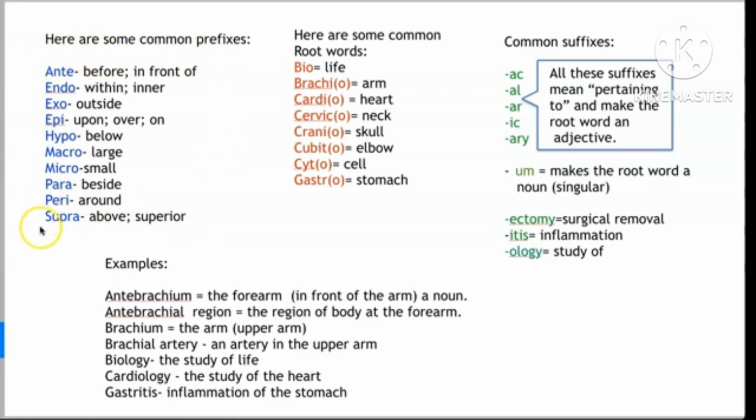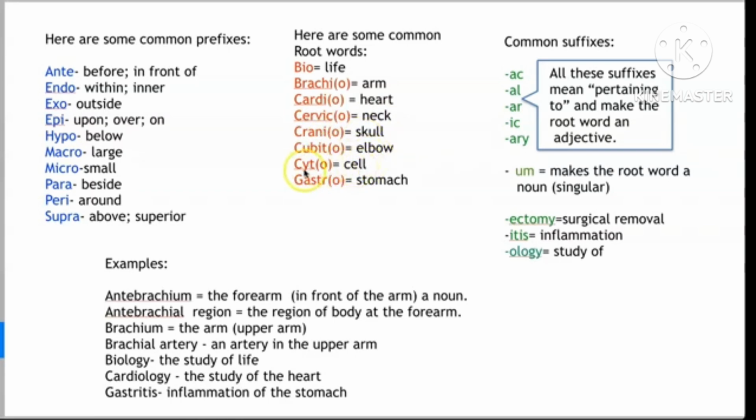These are common prefixes. Here's some common root words, and you'll see more of these today too. Bio, you all know that. Bio equals life. Brachy. Brachy refers to the arm. Cardi, heart. Cervic, neck. Crani, the skull. Cubit is the elbow.